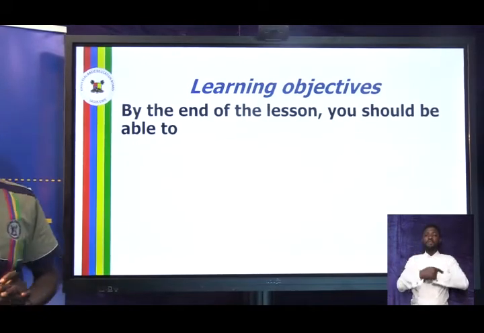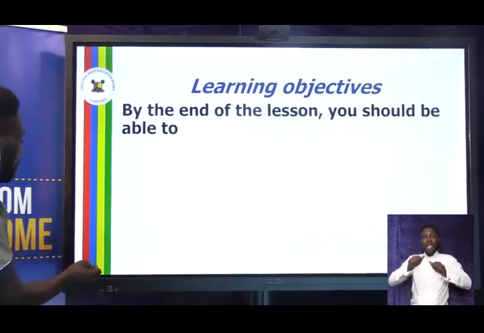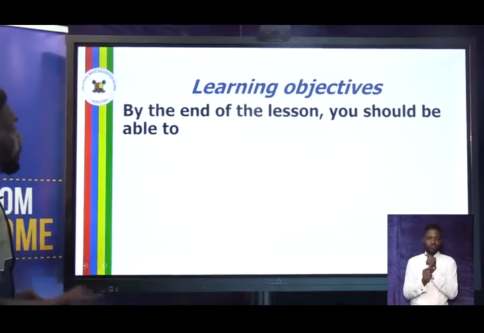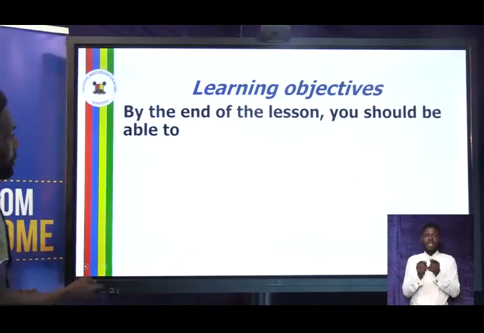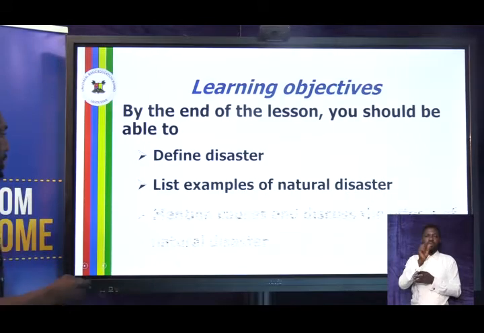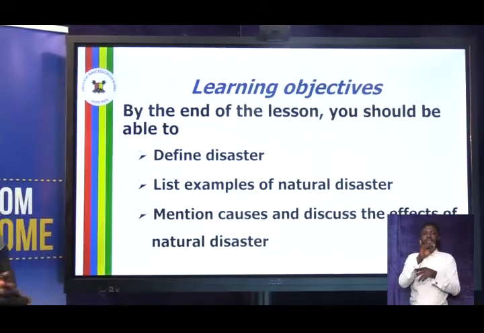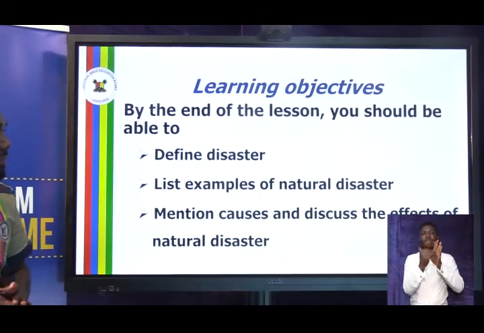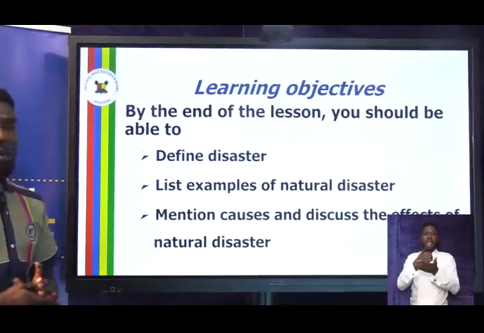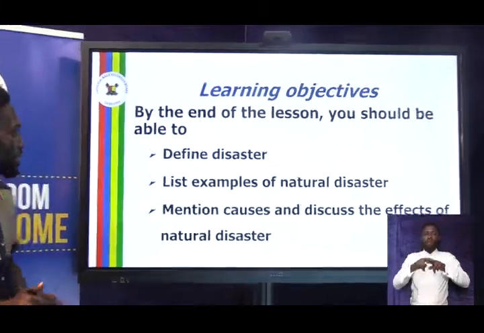That's the topic we are going to look at today. By the end of today's lesson, you should be able to define disaster and list examples of natural disaster, mention causes, and discuss the effects of natural disaster.